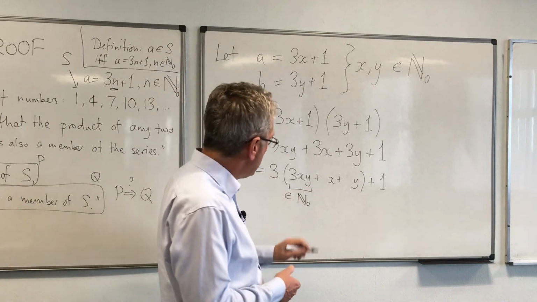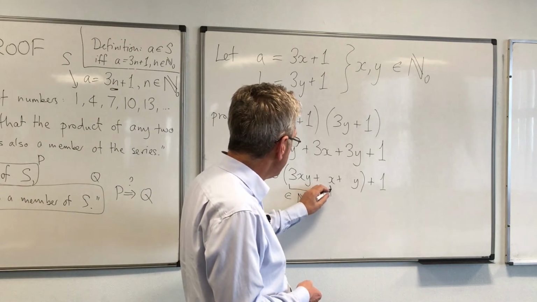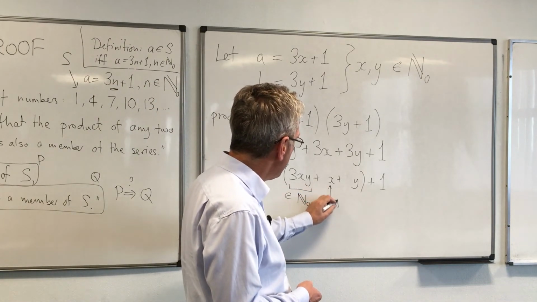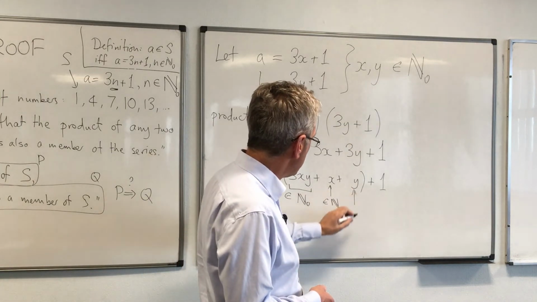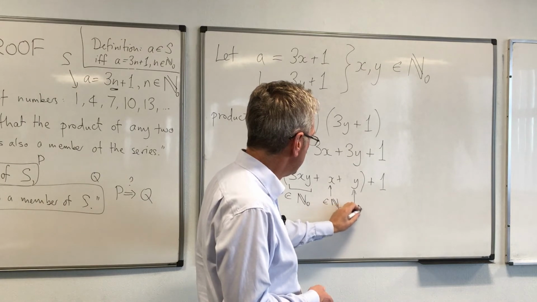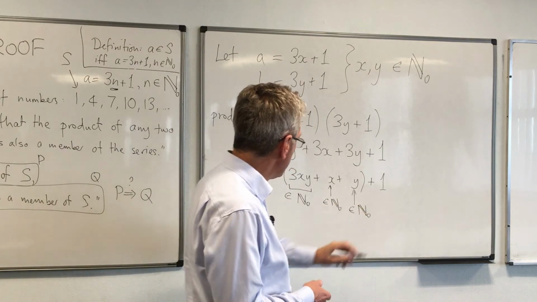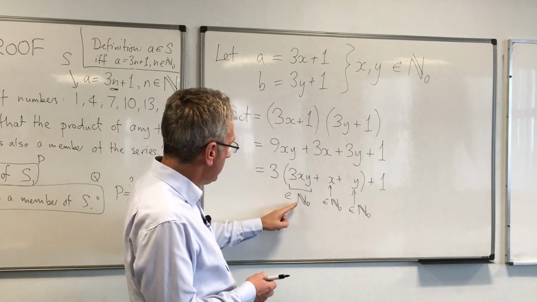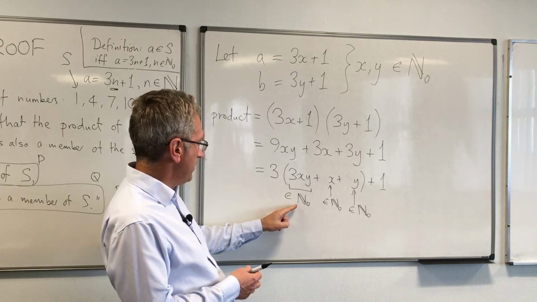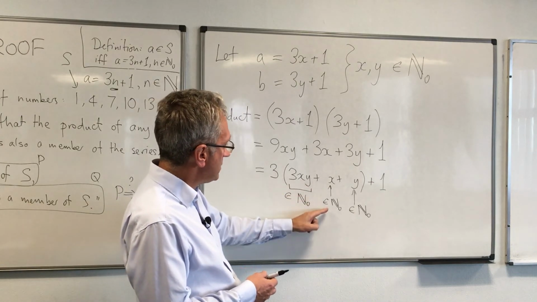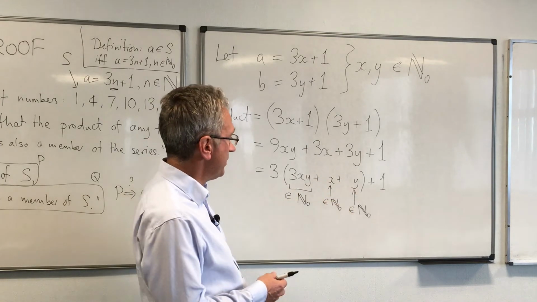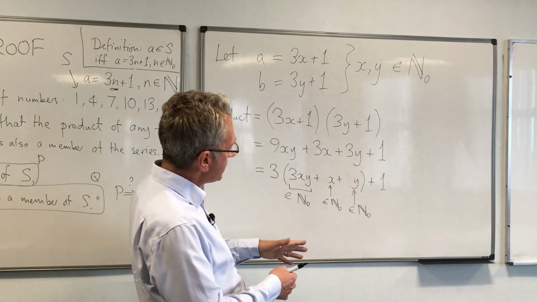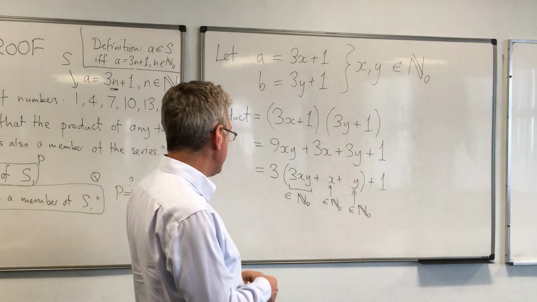What about x? Well, x is a member of the natural numbers. We know that from up there. And y is a member of the natural numbers. So we've got 3xy, which is definitely a member of the natural numbers, and we've got x, which is a member of the natural numbers, and y, also a member of the natural numbers. Add them all together, we're going to get a member of the natural numbers.